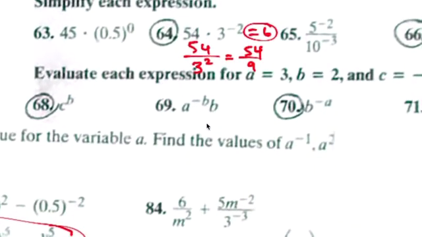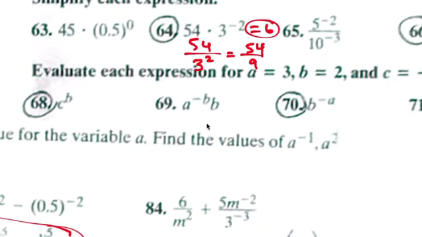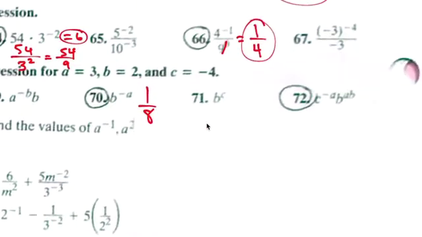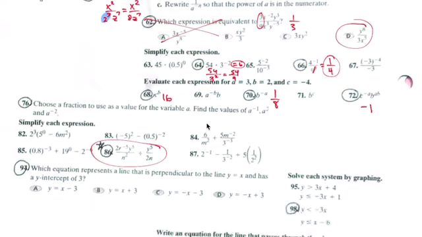Okay, I'll just put the answer down for 68. I think I'm running out of time. 70 is 1 over 8. 72 is negative 1. If you have a question, ask me in class. Okay.